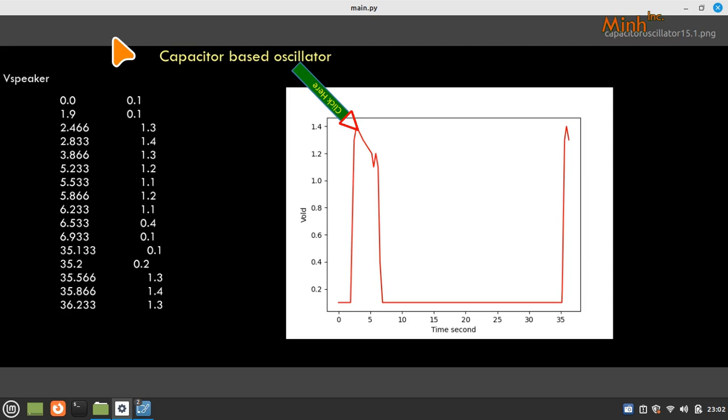Wherever it feels a sharp change, it will make a tick. So when the transistor is becoming active, it makes a tick, and when the transistor is becoming inactive, it makes a tick. So that is the story of the speaker.